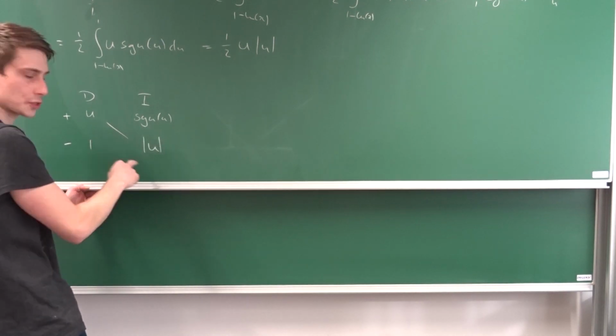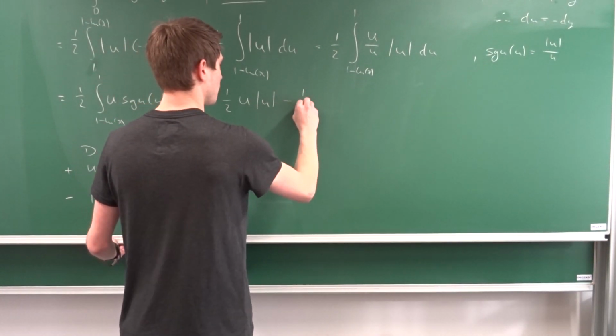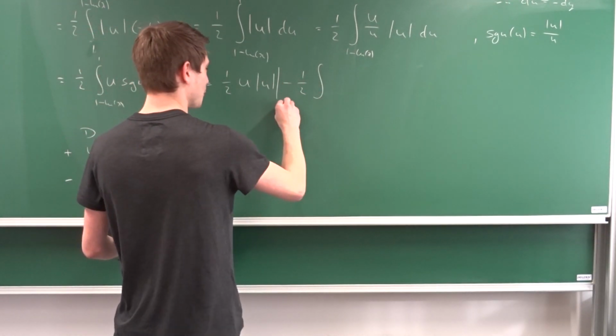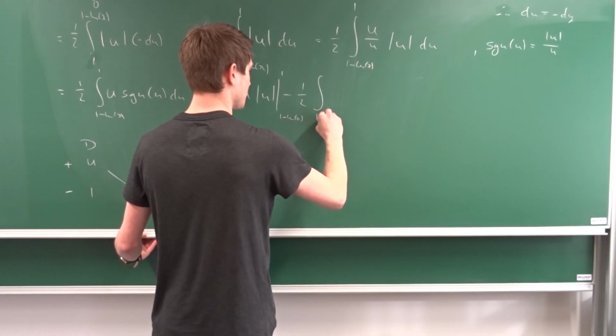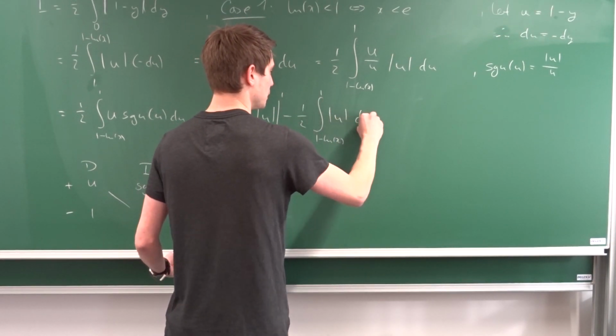We have to multiply those together and subtract this integral right here: minus 1/2 times the integral, don't forget the upper and lower bound, 1 minus ln x to 1, of the absolute value of u du.